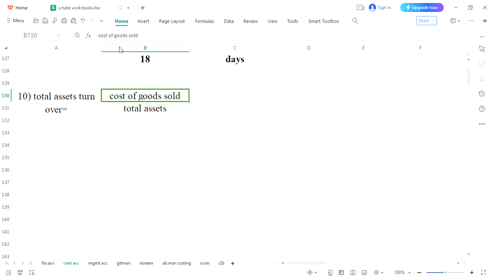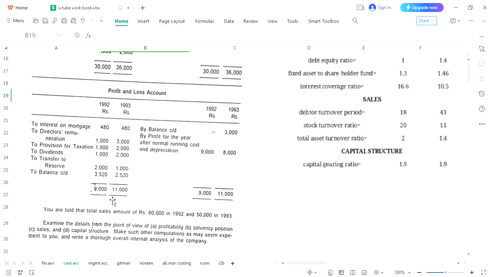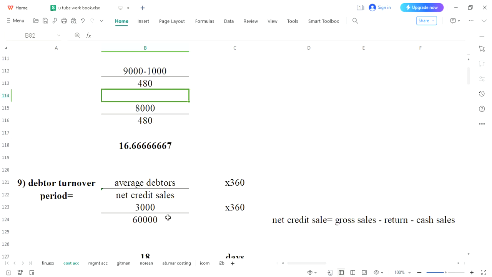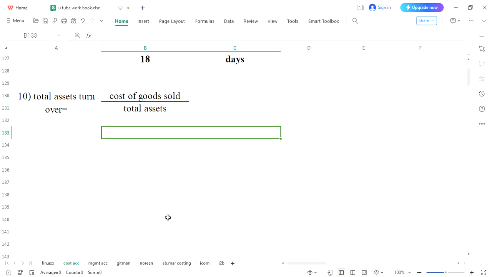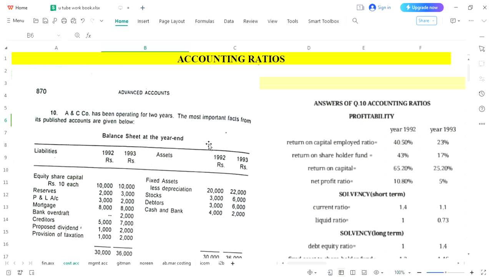Again, in your question only sales are provided. Look here, you are told that total sales are 60,000. So no cash sales are given. We will indirectly consider this 60,000 as our credit sales. Then we need to divide it by total assets, and total assets are given over here. You can see for the first year, these are your assets, total is 30,000.